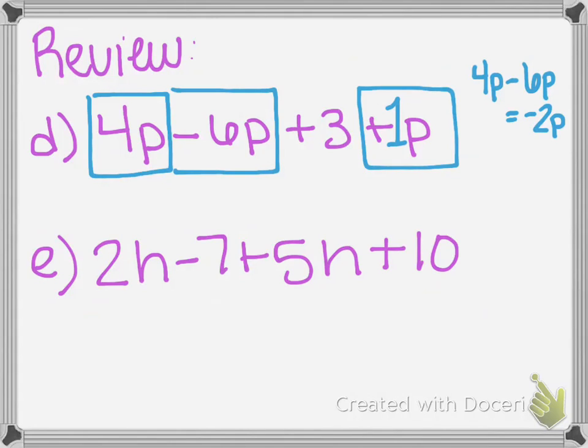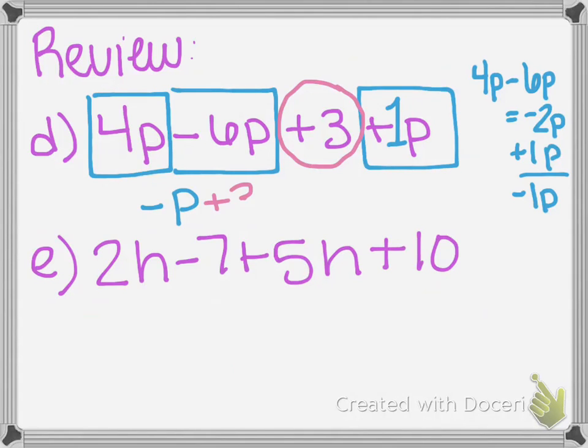But I still have one more term to combine, the plus 1p. So negative 2p plus 1p would be negative 1p. So I'm going to start off with that in my answer, negative 1p or just negative p. And there's a plus 3 with nothing to combine it with, so it just becomes part of our answer, negative p plus 3.